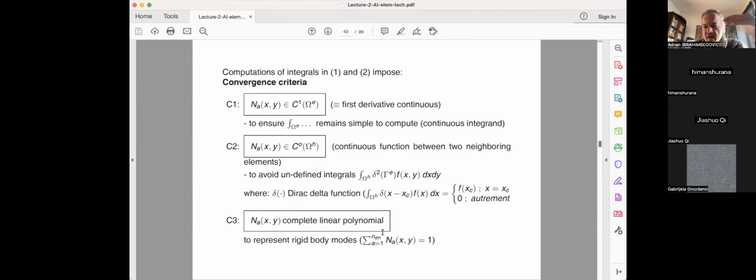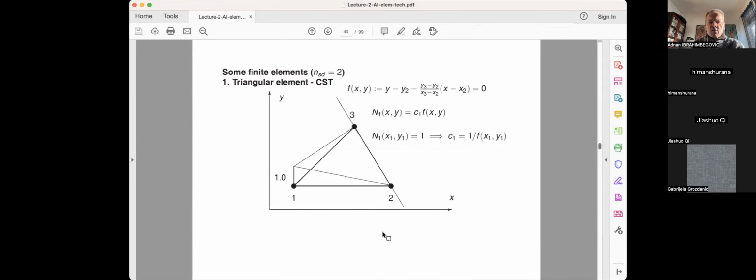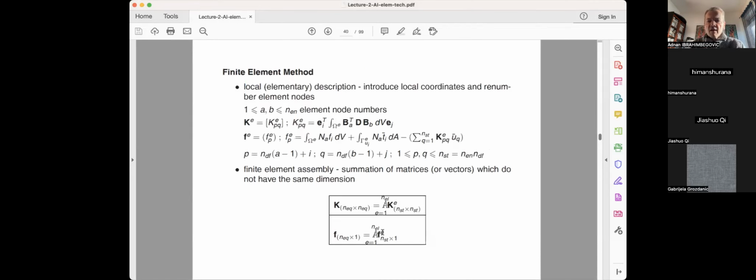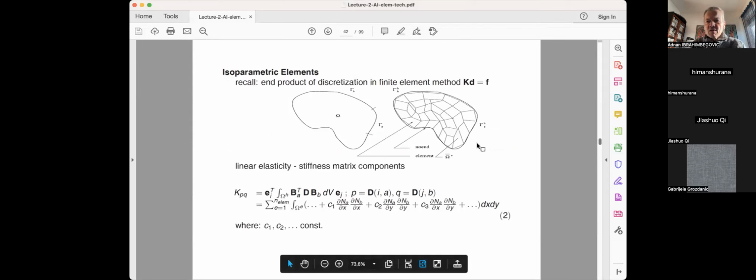And then basically, if you pull it out, you get your interpolation to be the same as the nodal values. And that is guaranteed if the sum of these shape functions amounts to 1. So this will go then into these elements. What I noticed, there are triangular elements and there are quadrilateral elements. So we start with the simplest one, the triangular elements.